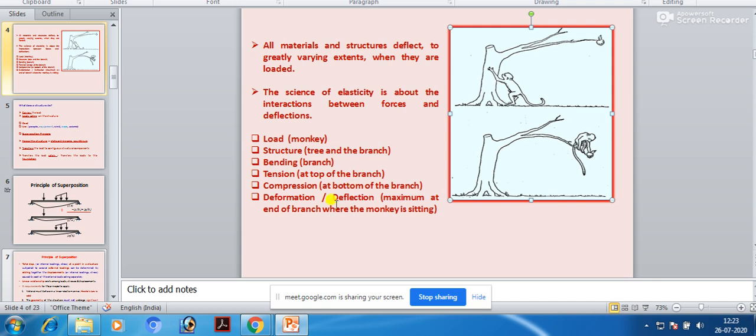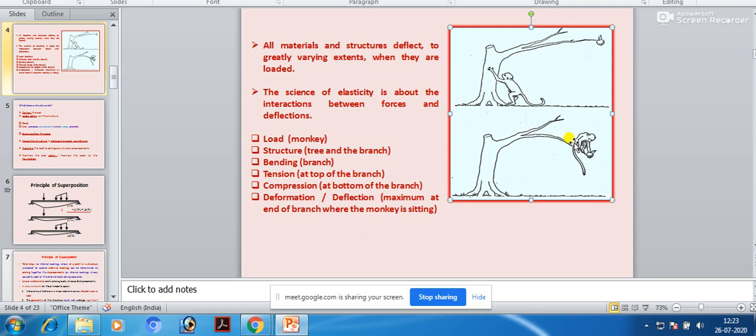And you see, this deformation and deflection is at a maximum level where the monkey is sitting. From here to here, if you notice, the deformation is maximum where the monkey is sitting, and this is the cantilever beam, and this is the structure. So you should understand this very clearly.